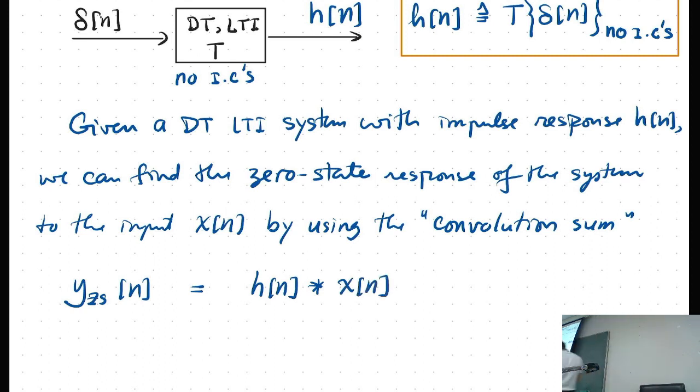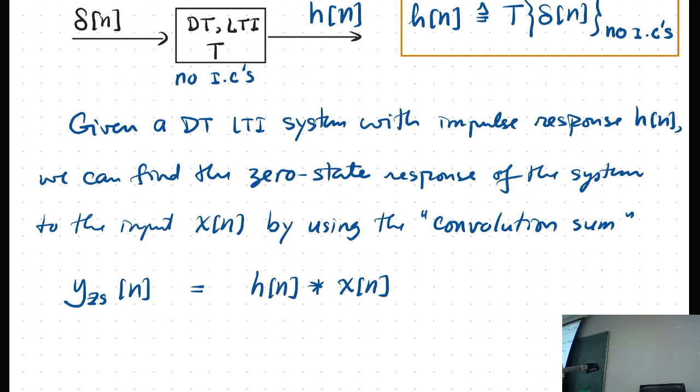As we have seen in chapter 2, the same notation is used here. Star means convolution. So whenever you see this, it is either convolution sum or convolution integral depending on the signals, whether it is t or n. When it's n, it is convolution sum, but when it is t, it is convolution integral.